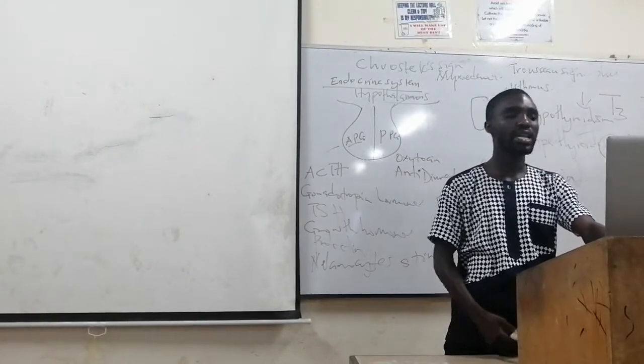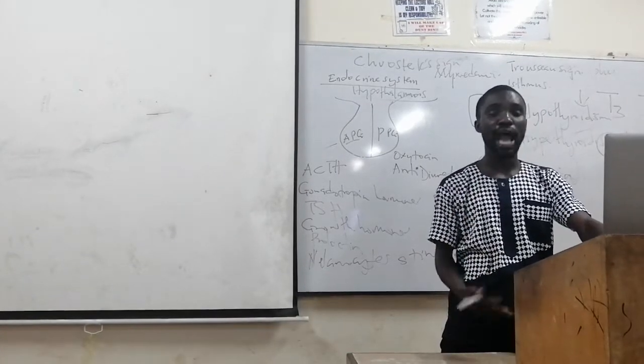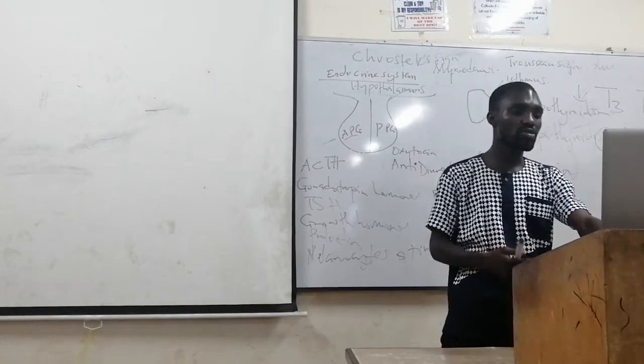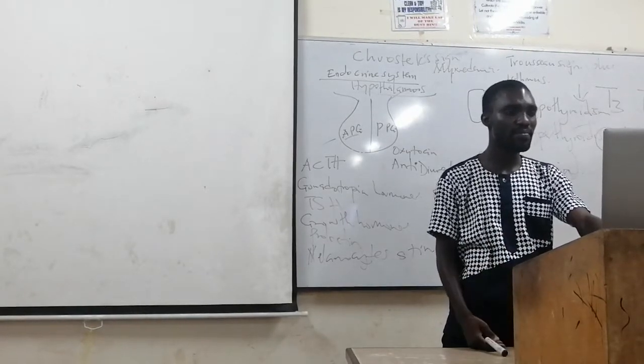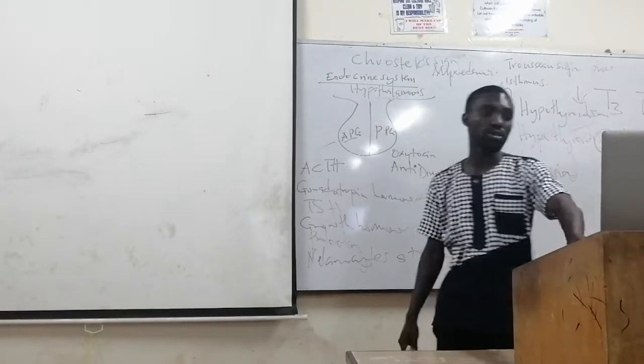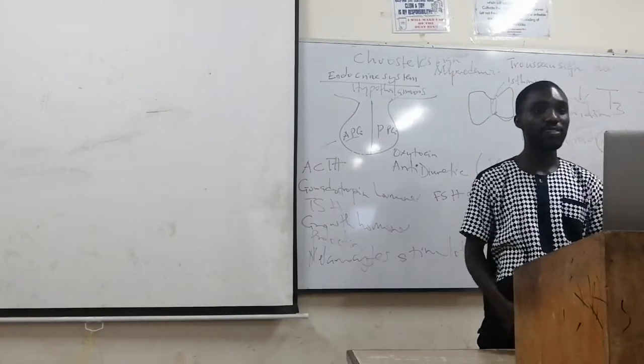And then with the management, we will talk about thyroidectomy after we are done with hyperthyroidism. So let's look at some management for people with hypothyroidism. Diagnosing is by means of the thyroid function test.